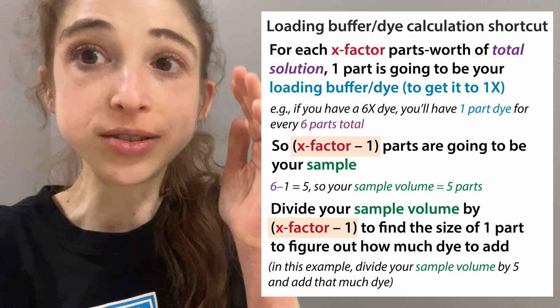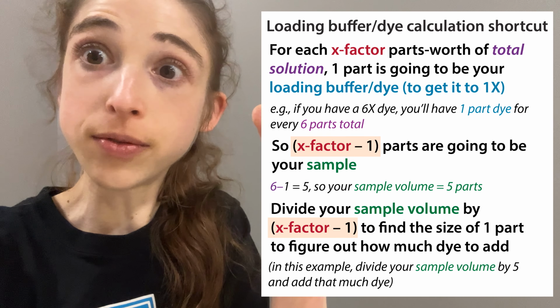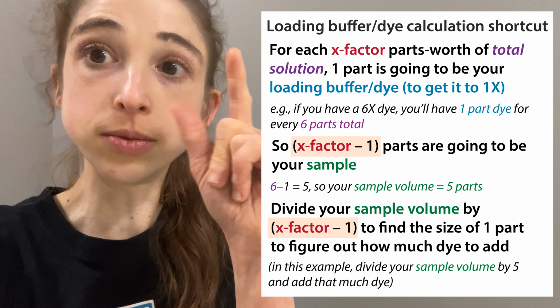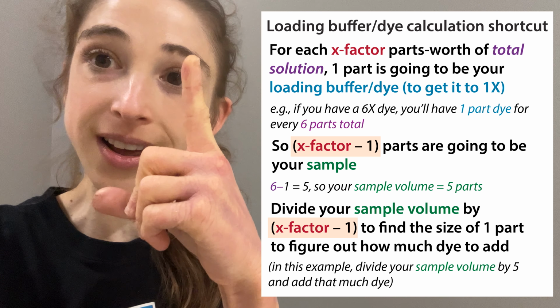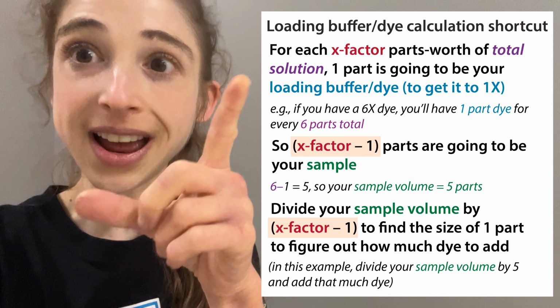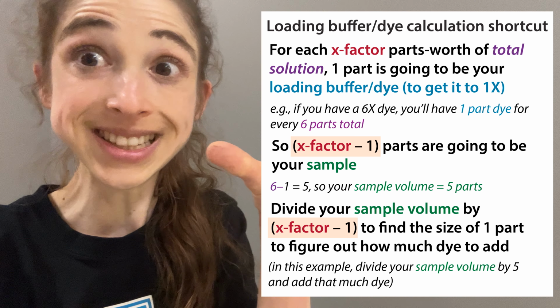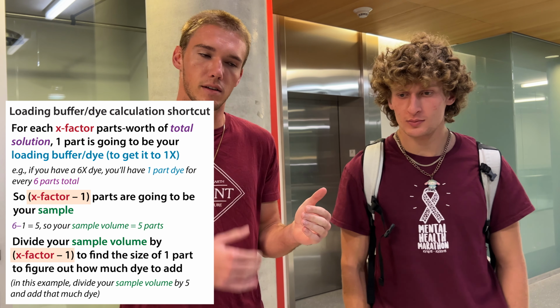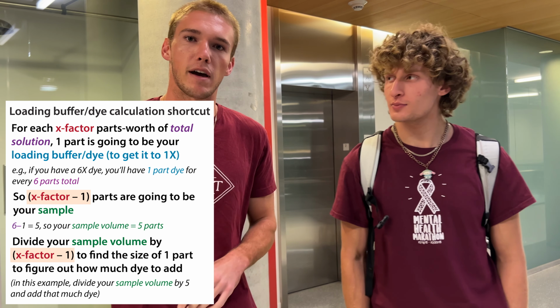And so you need to divide your sample volume by the x minus 1. Because you're going to have 1 part of this thing be your dye per 6 parts total. We're going from 6x to 1x, so you know it's a 6 times dilution, so you have 6 parts. 1 part is the dye, and then 5 parts of the sample.